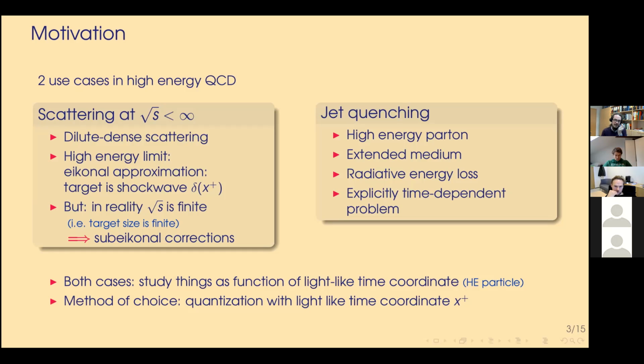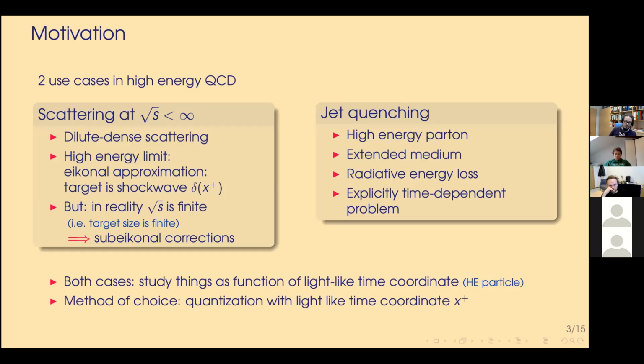Then this high energy quark, which is going to become your jet, traverses an extended length region of matter that has color charges, and then it is modified and radiates, and so on. You would want to track this time dependence of the particle as it goes through this system that has color charges. So we'll just model this system by a color field, a particle going through a color field and possibly emitting gluons.